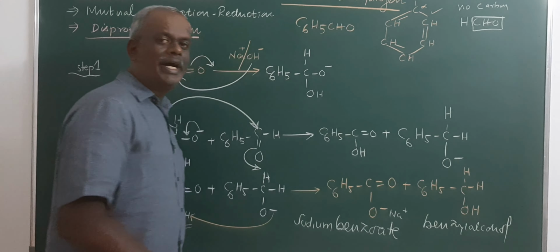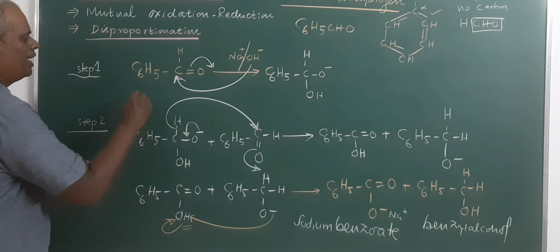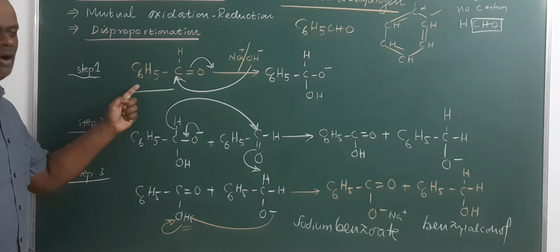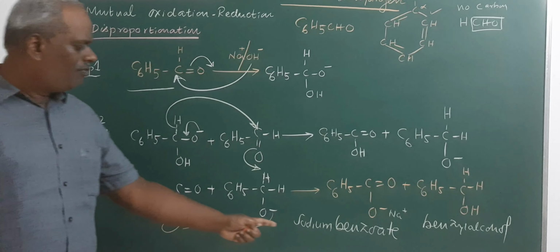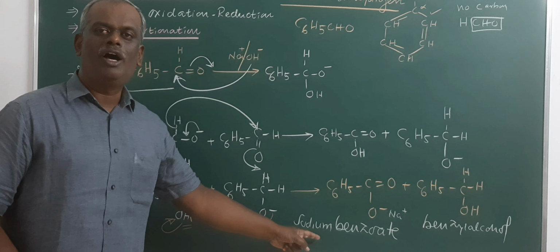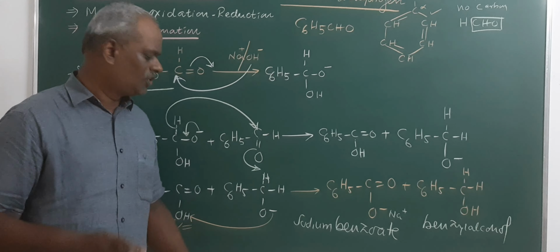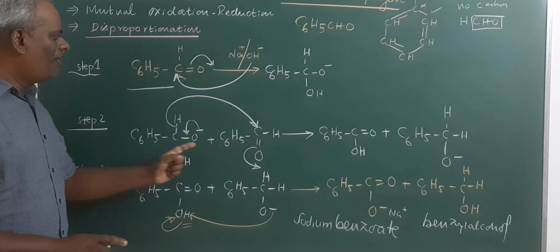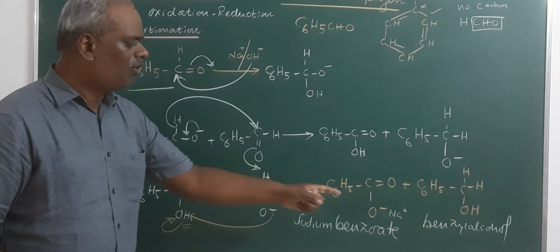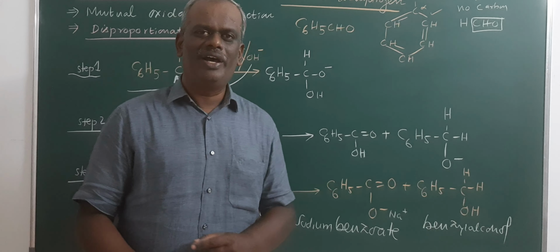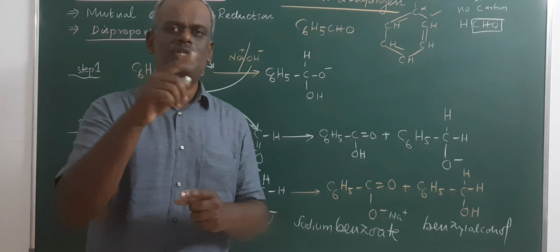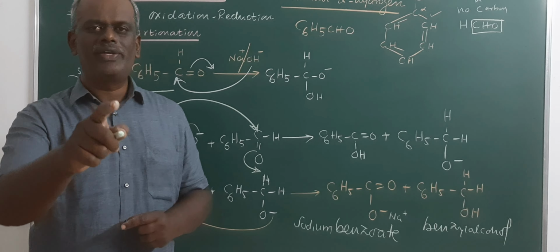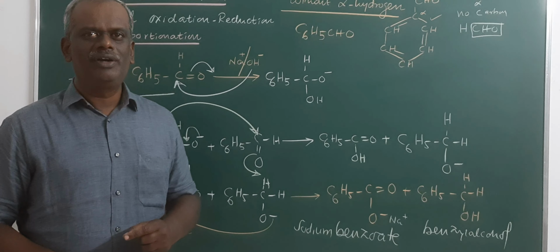So you can understand that one of the benzaldehydes undergoes oxidation. At the end, we are getting the oxidized carboxylic acid salt, sodium benzoate. And the other benzaldehyde is getting reduced to form benzyl alcohol. Thus it is called self-oxidation reduction, also known as a disproportionation reaction.